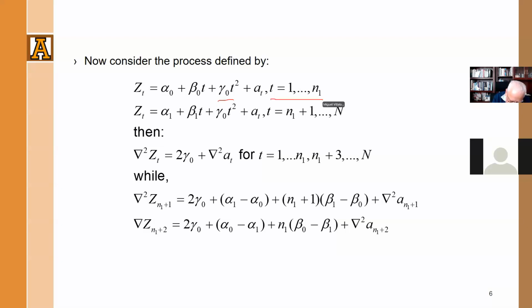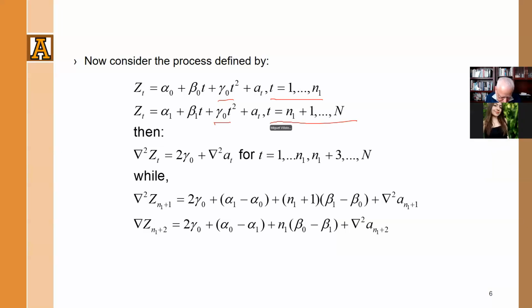And it will be alpha 1 plus beta 1 t plus gamma 0 t squared, which is the same gamma 0, plus a_t, for t equal to n1 plus 1 through n.